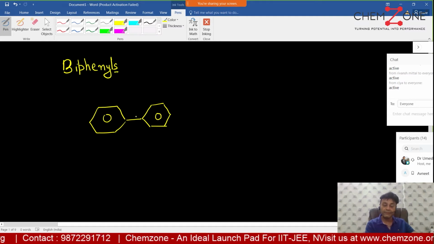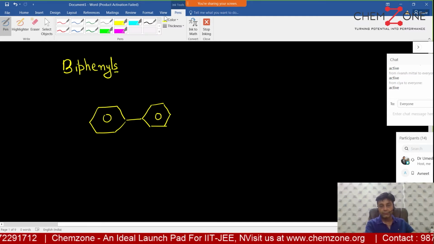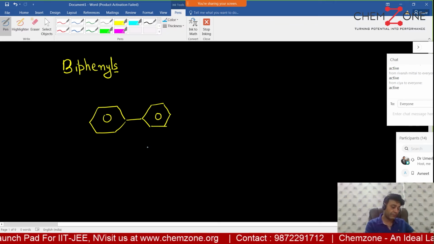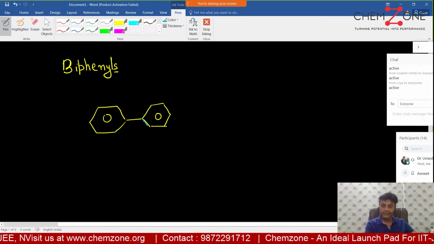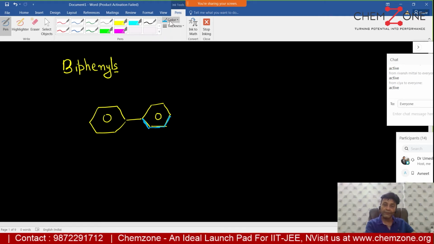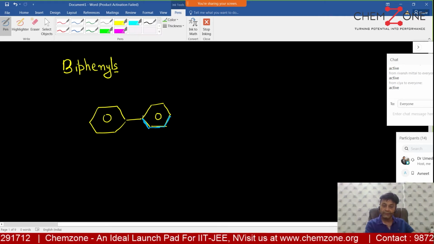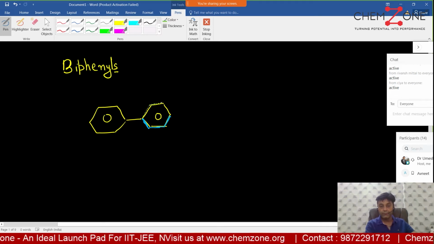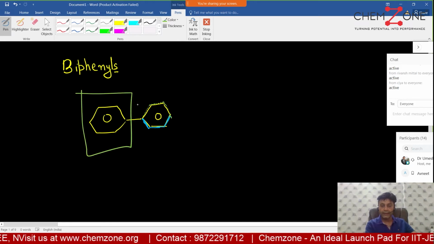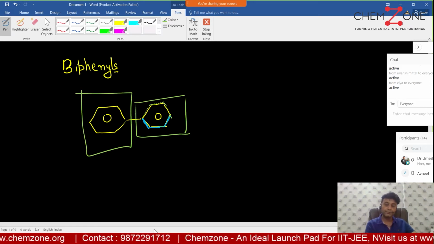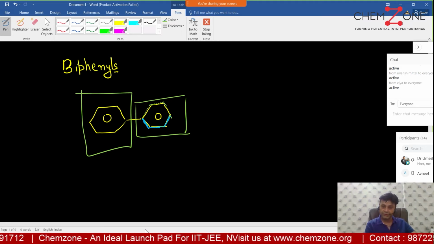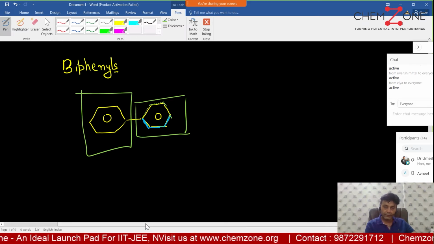It means it has some substituents. One thing to keep in mind is that these two rings are perpendicular to each other. Imagine this is towards the observer and the other yellow part is away from the observer. So I can say this ring and the other ring are perpendicular to each other. Yes or no? Got it?